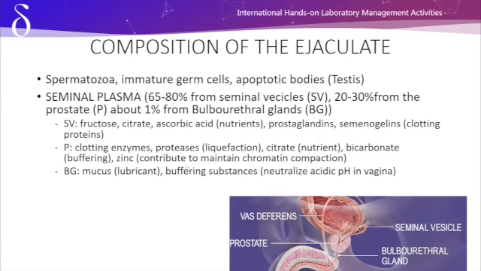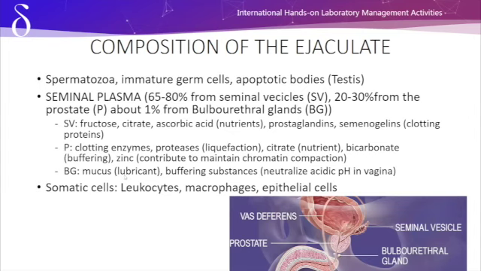Zinc is very important because it contributes to maintain chromatin compaction. The bulbo-urethral glands produce a lubricant, a mucus, and buffering substance that neutralizes the acidic pH in the vagina.